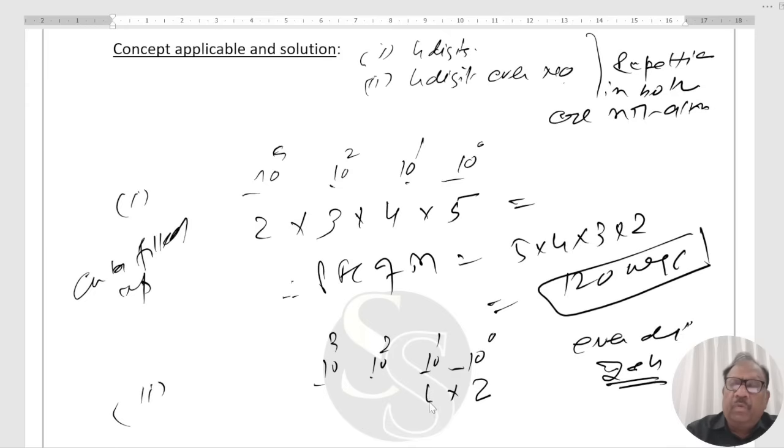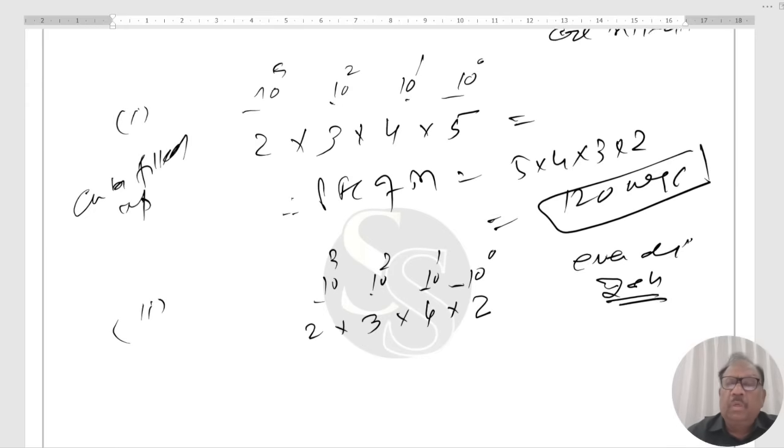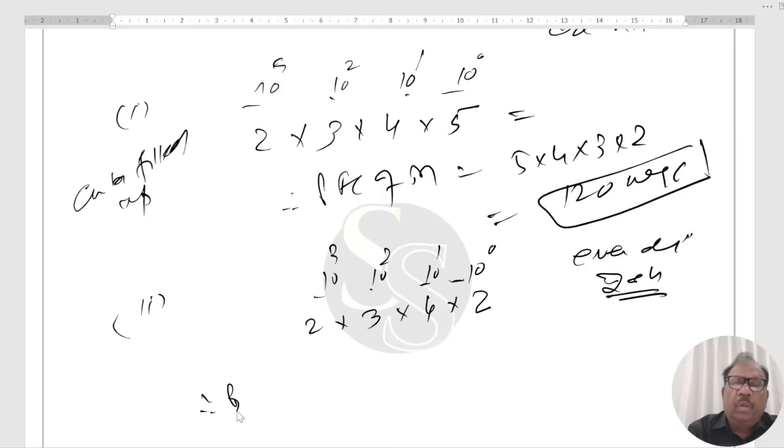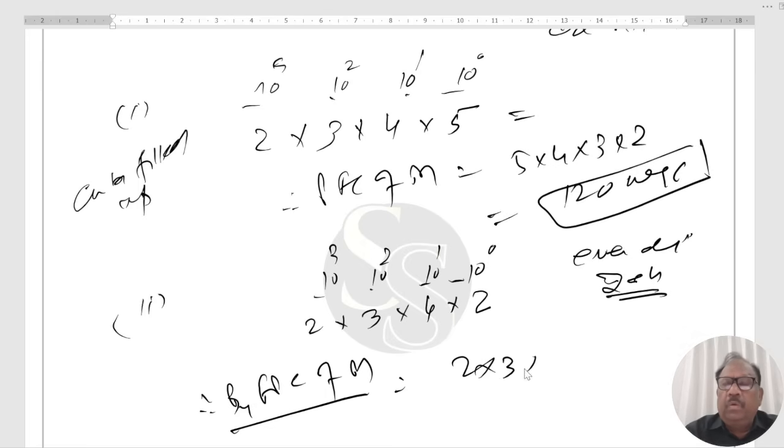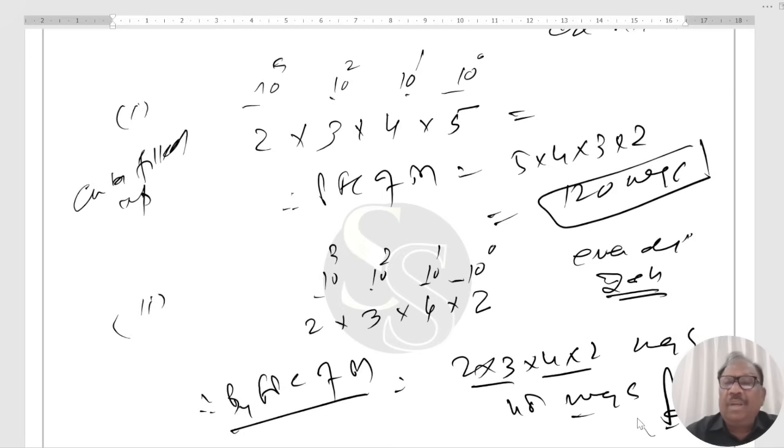One utilized there, 4 ways, 3 ways, 2 ways. So therefore, by FPC of multiplication, 2 into 4 into 3 into 2 ways, that is 48 ways. That is the answer, right? Next question.